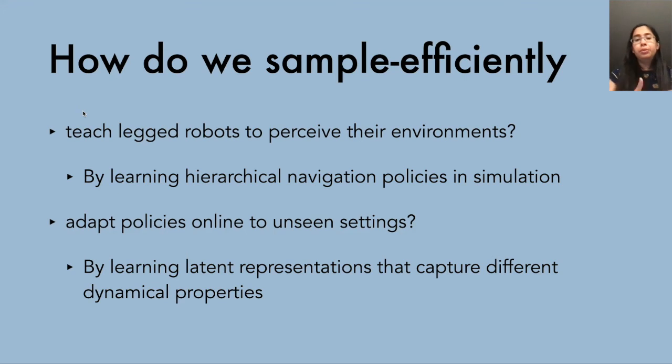To transfer them to these unseen settings, we adapt our policies online by learning latent representations that essentially capture different dynamical properties. And as a result, in unseen settings, for example, even when two legs of the robot are damaged, we can optimize in this learned latent space to find actions, basically policy representations, which can still achieve a particular task well.